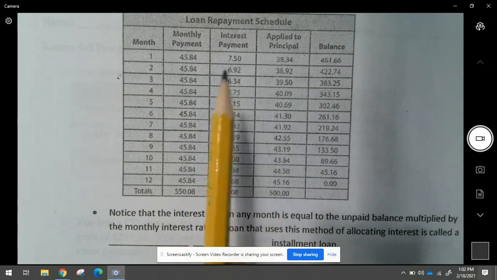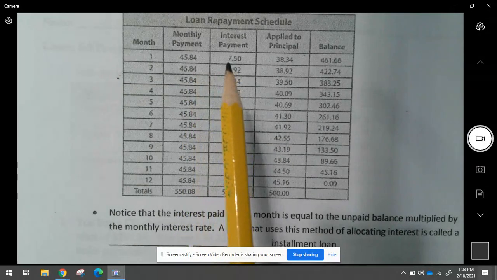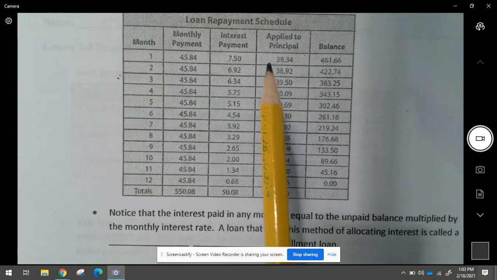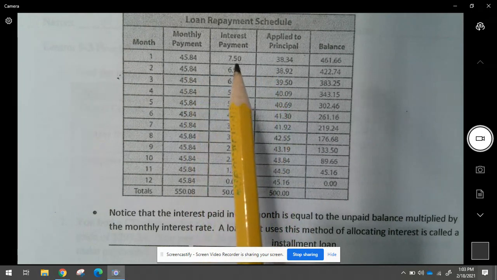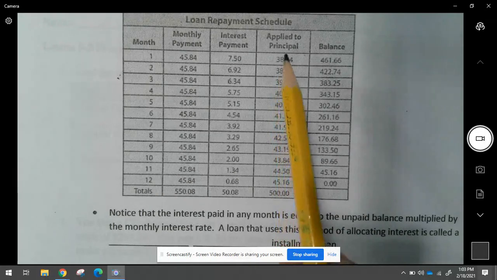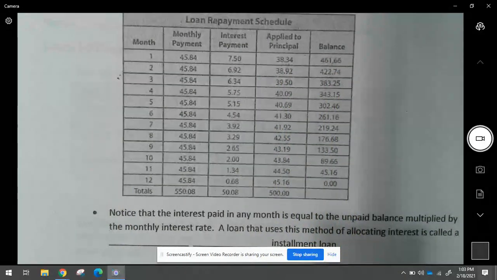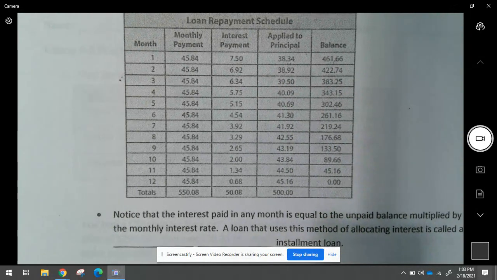And every month, what they do is they start with your balance, and they take off the interest, and only that remaining amount from your payment, subtracting the interest, that amount here is what is applied to the principal. Then they take the beginning balance and subtract this off to get your new month balance. And we'll try some of these problems down below.